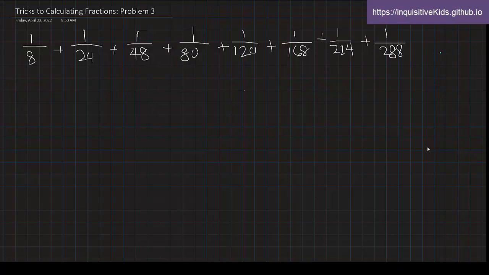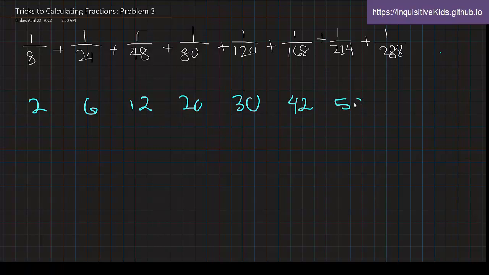Well, I don't see 2 or 6 or 12 or 20 or 30 or 42 or 56 or 72. But where are they hiding in this sequence?